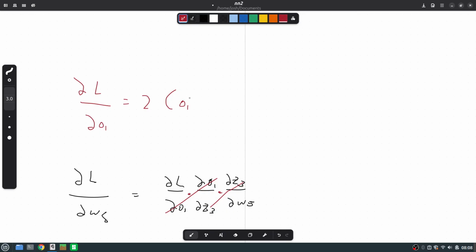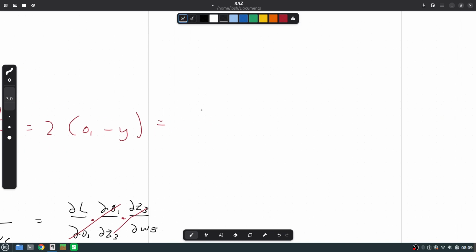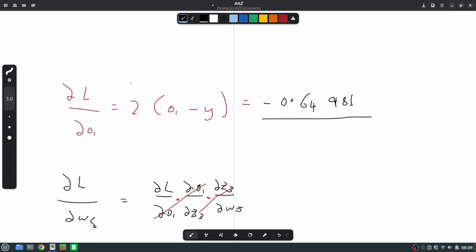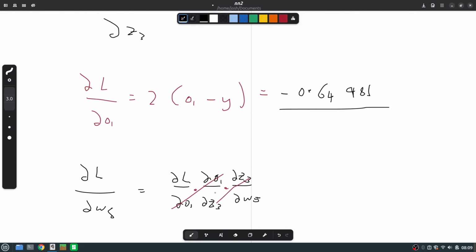This is just going to be 2 times O1 minus y. Then you plug in what O1 is and what y is for this particular case, and you're going to get negative 0.64981. That was very straightforward, I hope. And now you just compute the partial derivative of O1 with respect to Z3. So this guy here.